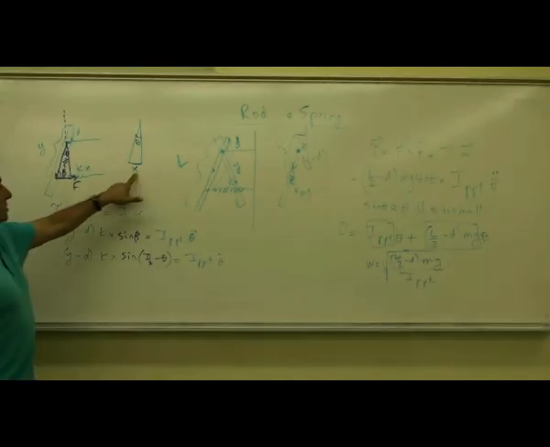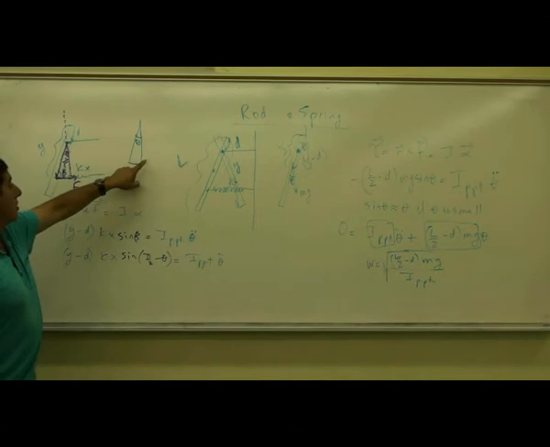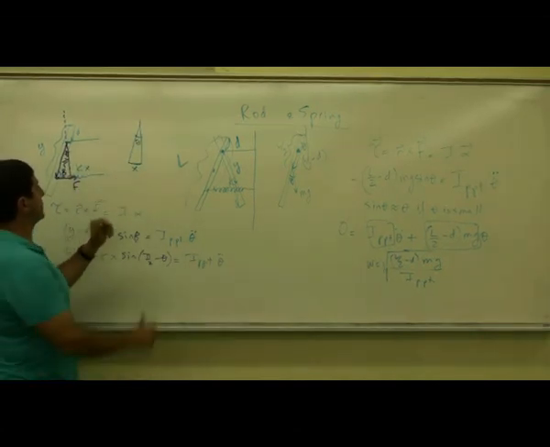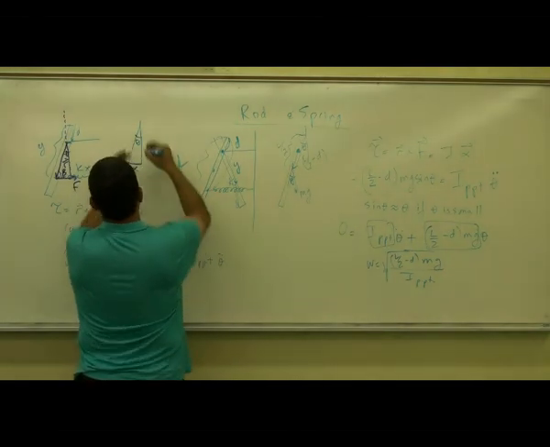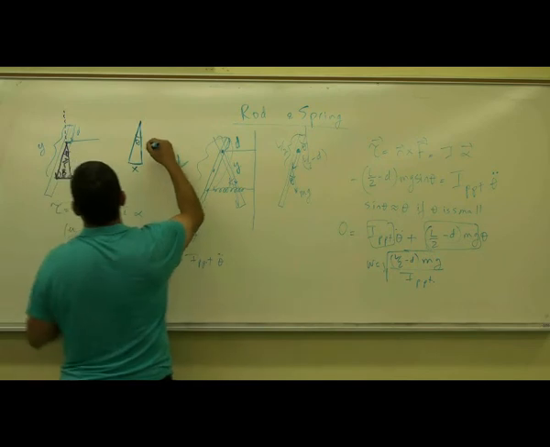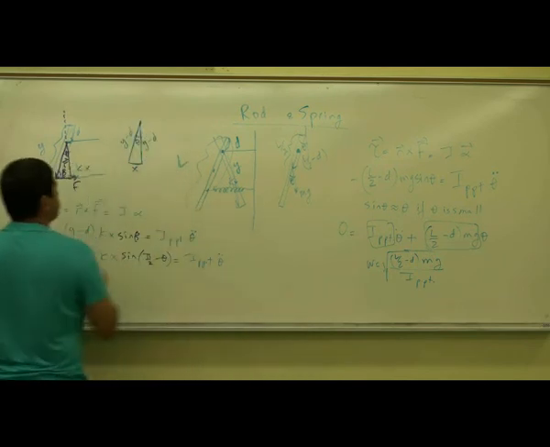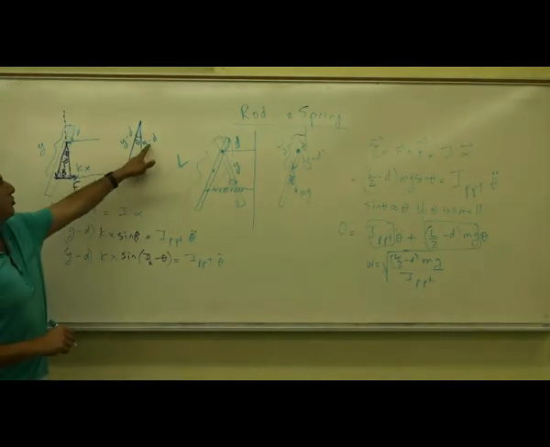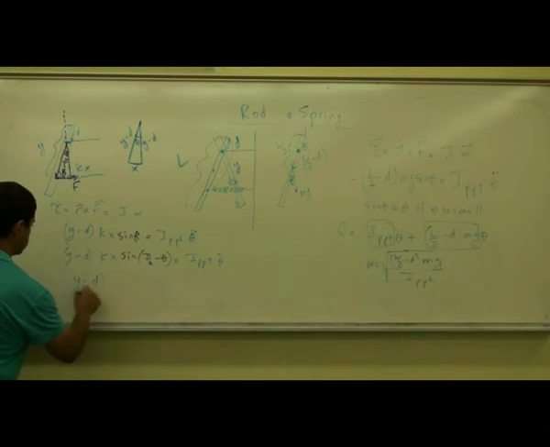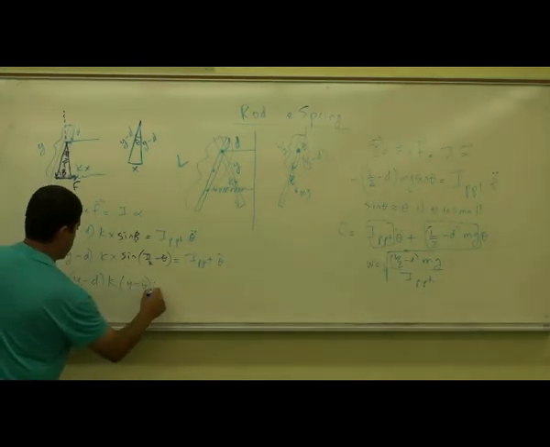So the amount of the stretch of the spring, x, is the arc length of the circle made when the rod goes up by a certain angle. So the distance from here to here and the distance from here to here are the same. That would be y minus d. So we could say x is equal to y minus d times theta.